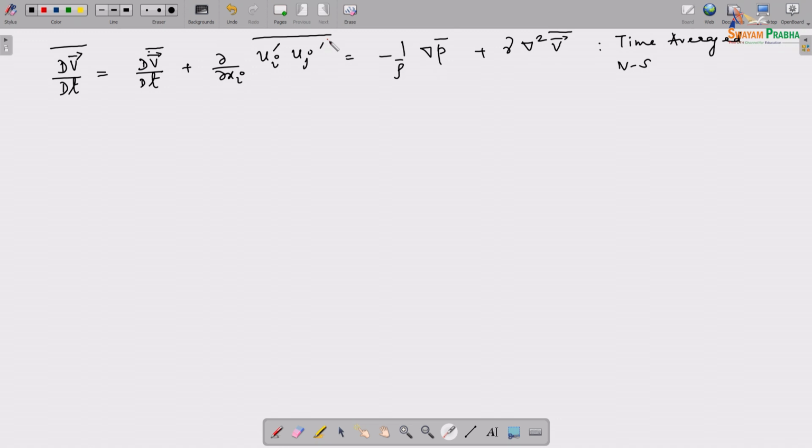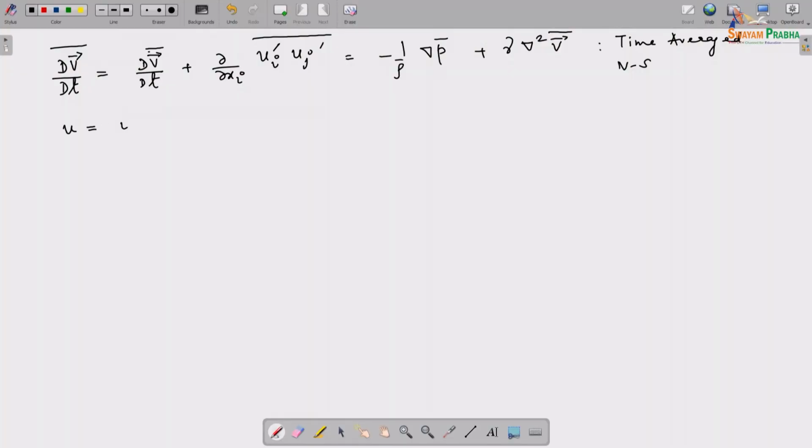Remember we wrote the x component of velocity as a time averaged part plus a fluctuating part, and these depend on x, y, z, and t, and so on, even for the other two components.